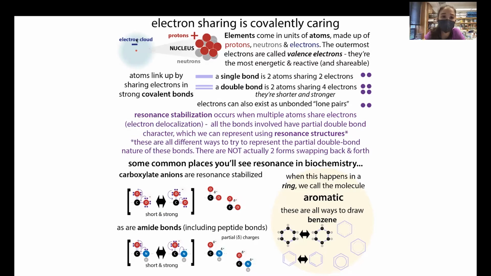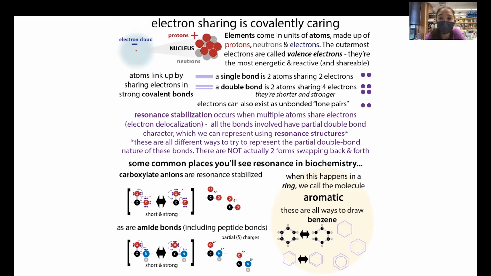And then what we're interested in here is the electrons, which are negatively charged subatomic particles that fly around them. The protons with the positive pole are tasked with helping rein in these negatively charged electrons. But the electrons are trying to get away from the nucleus.